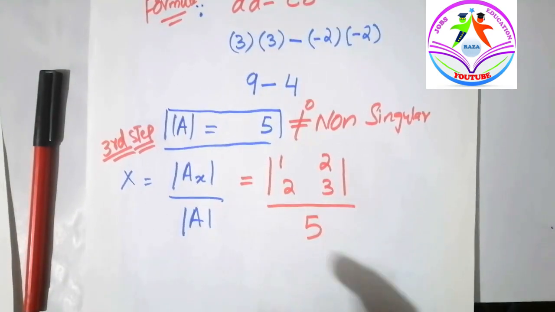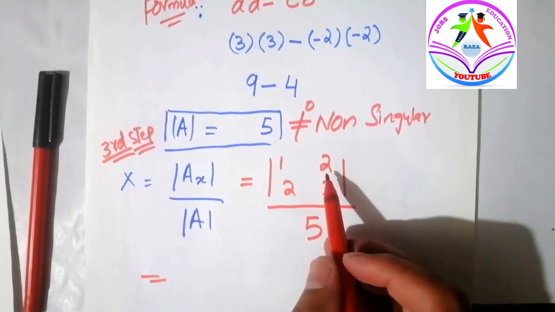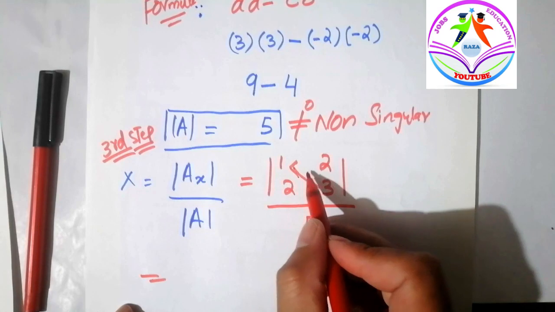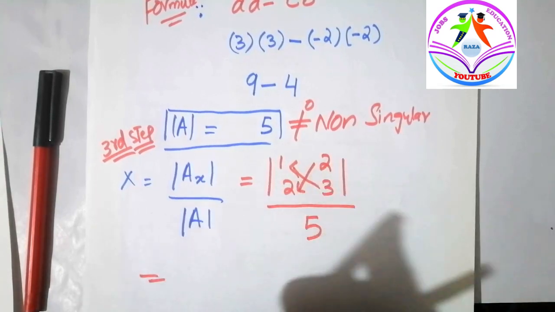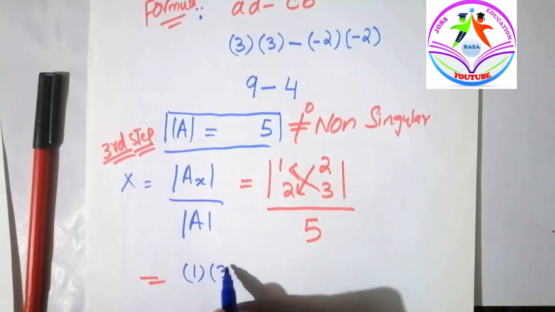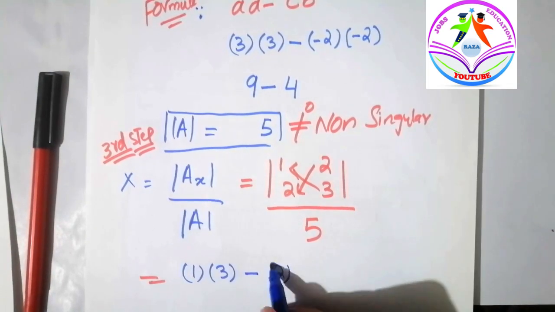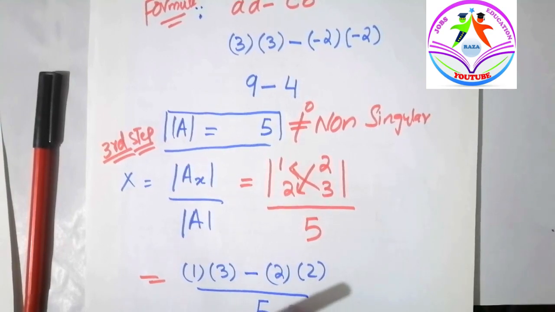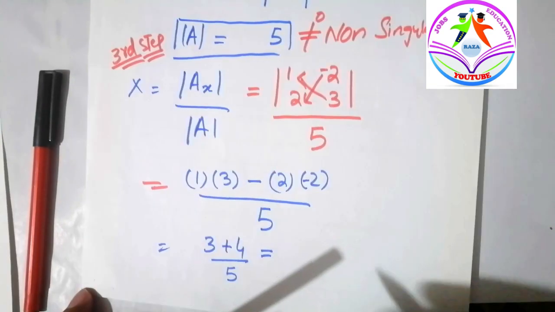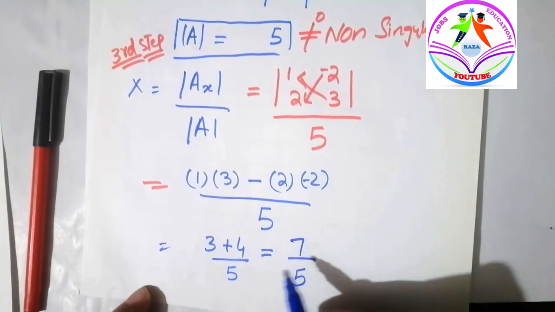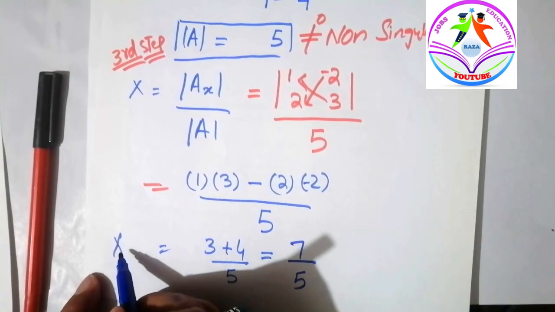So again we find the determinant of AX. How can we find that? We can remember it as a cross. 1 into 3 minus 2 into 2, divided by 5. So the calculation is 3 plus 4, 7, divided by 5. So this is our x value.